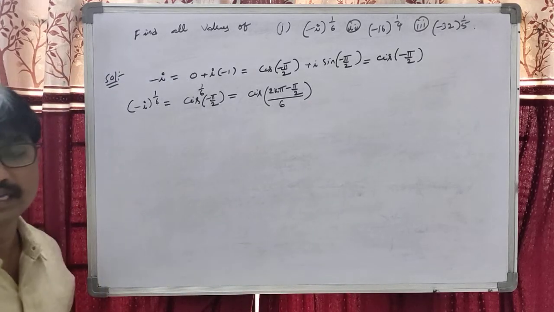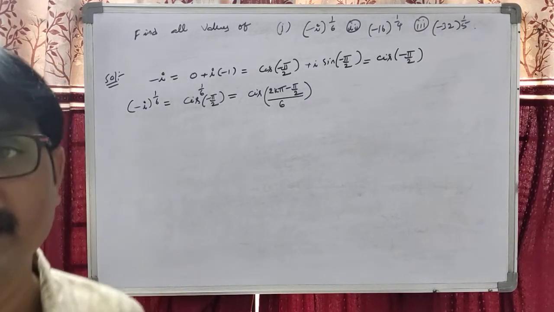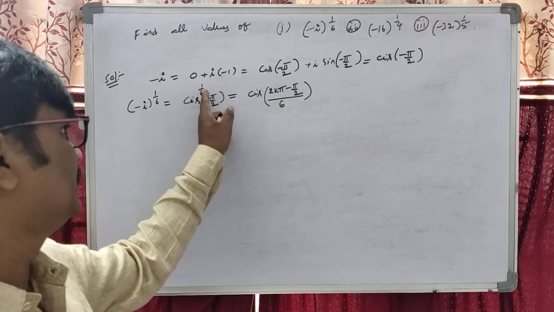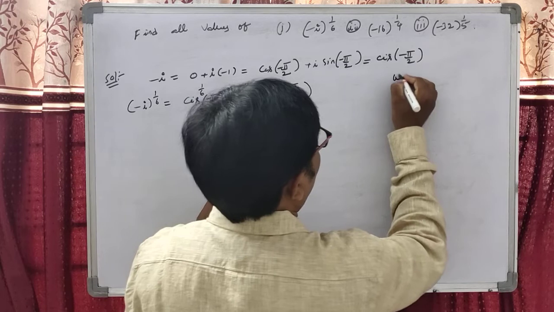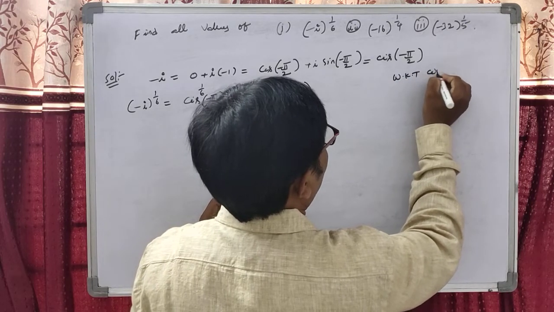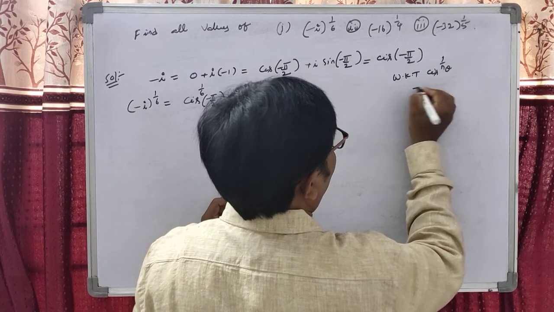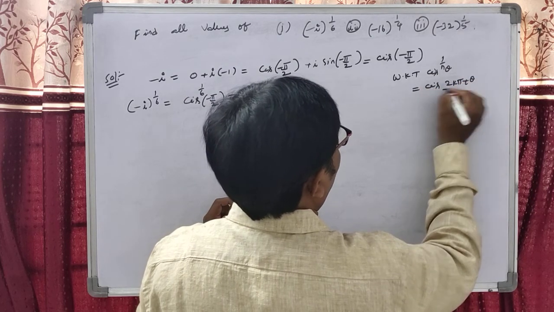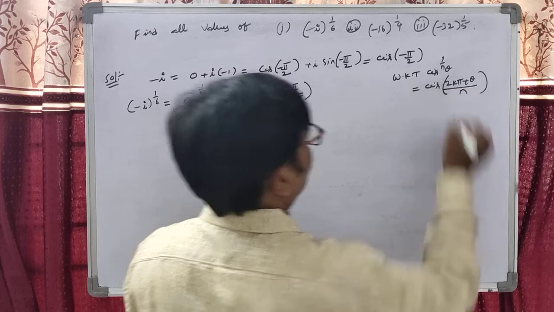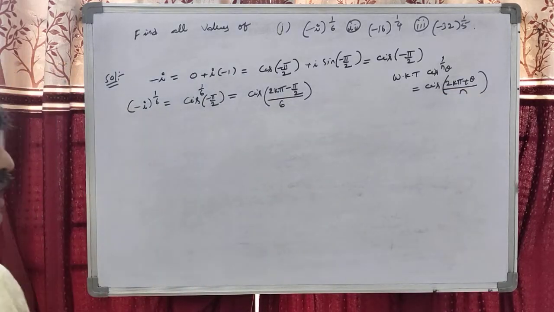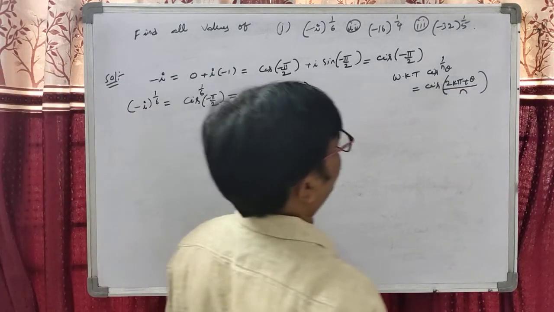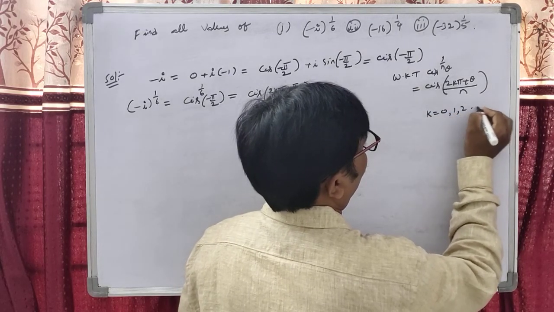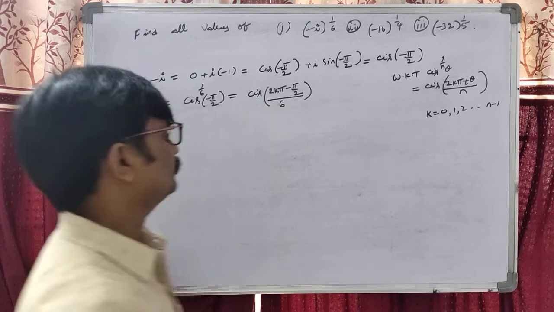Already I explained that cis power 1/n θ is cis of (2kπ + θ)/n. We know that cis(θ)^(1/n) is cis((2kπ + θ)/n), where k is 0, 1, 2 and so on up to n − 1.